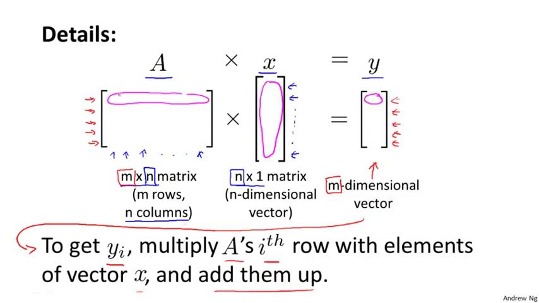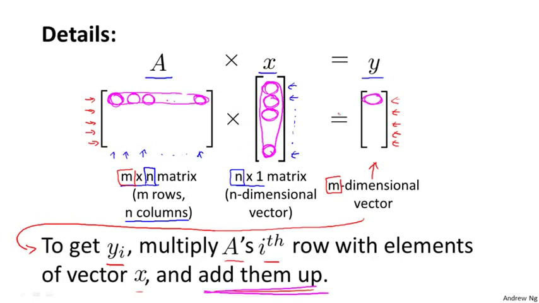So we take this first number, multiply by this first number, then take the second number, multiply by this second number, take this third number, multiply by the third number, and so on until we get to the end. And then we add up the results of these products.